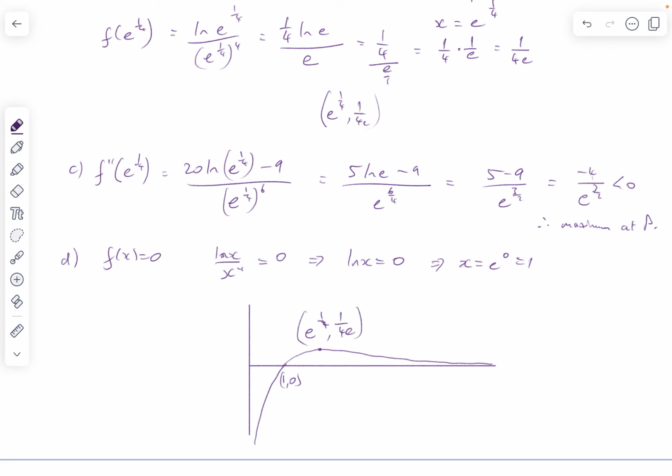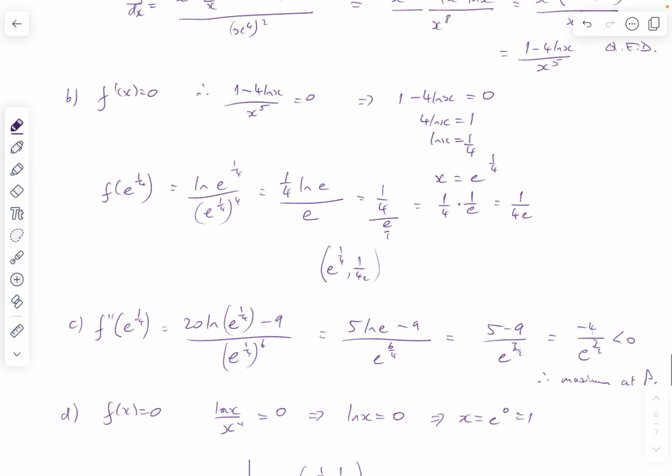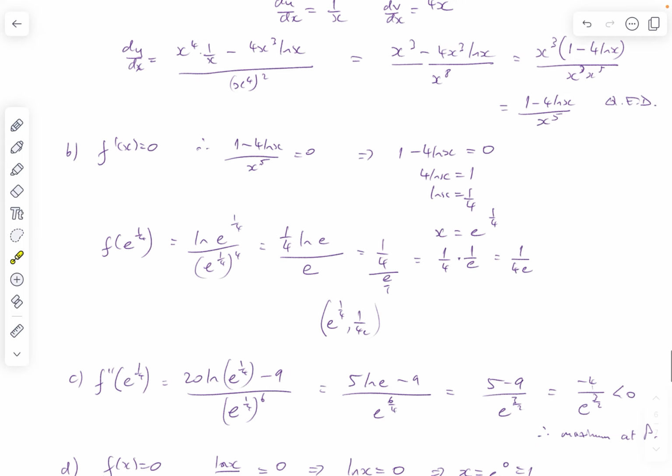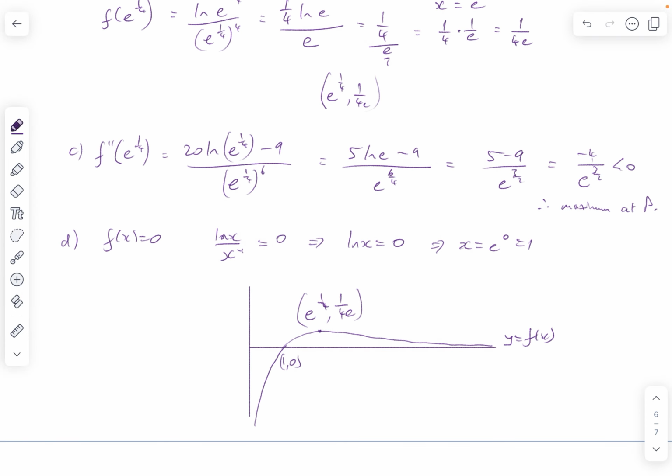And so therefore that's y equals f of x sketched based on the information we have. We've sketched a graph, the value of the x-intercept we've done, the approximate position of point P is marked on here. And then we've done the approximate position, which is correct.